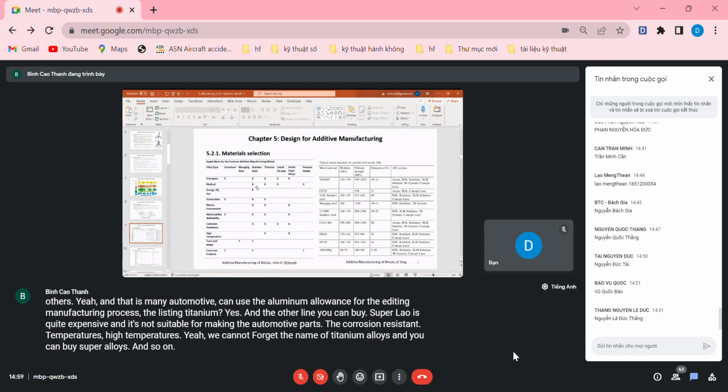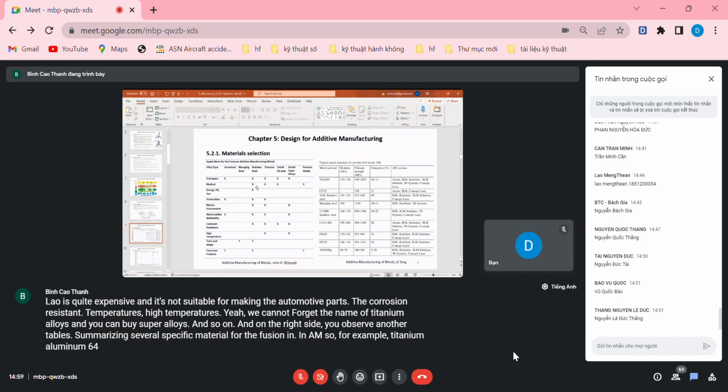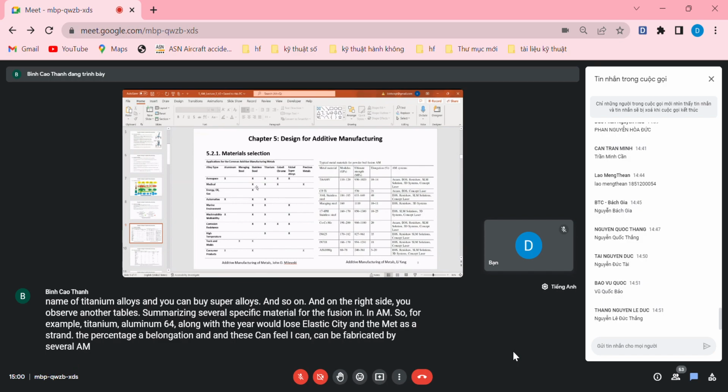And on the right side you observe another table summarizing several specific materials for powder fusion in AM. For example, titanium aluminum 64, along with the modulus of elasticity, ultimate tensile strength, and percentage of elongation, and these can be fabricated by several AM systems.